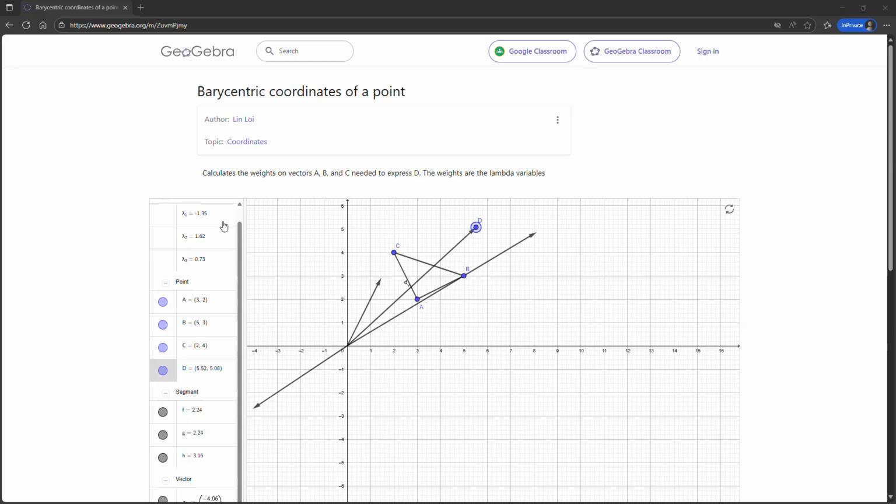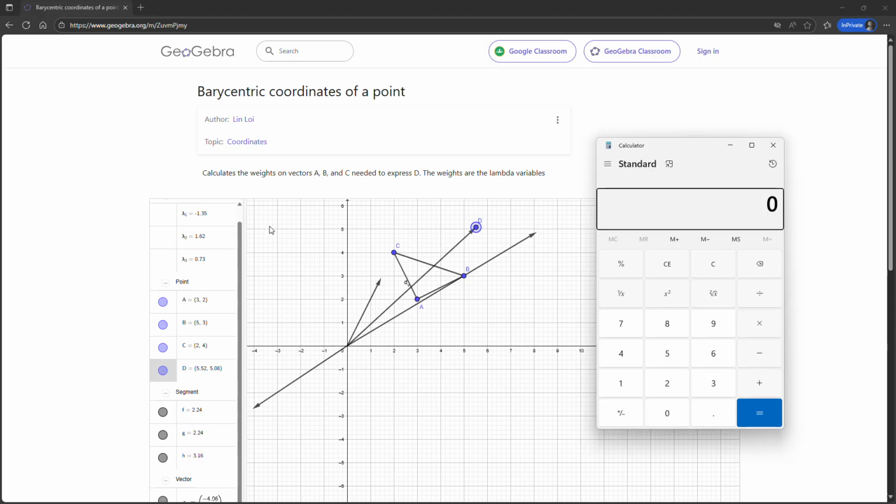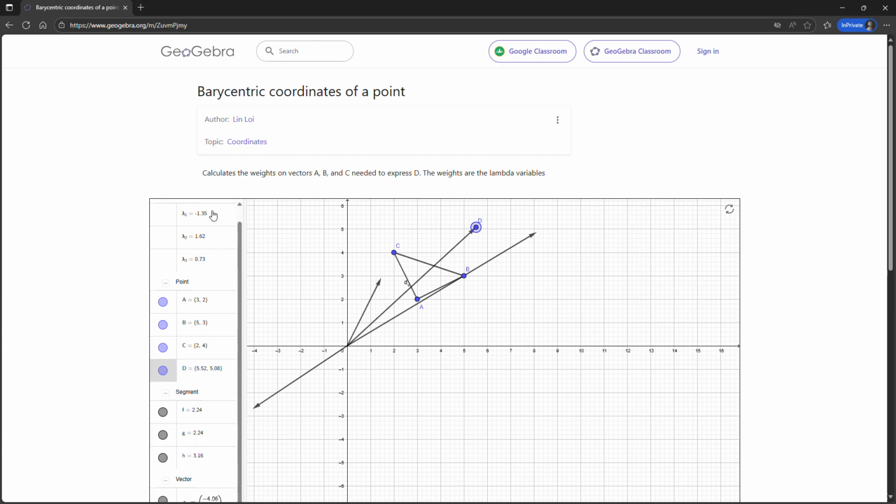Does it break the other rule? Okay, it doesn't break the other rule. But it breaks our rule that one of these values is negative.